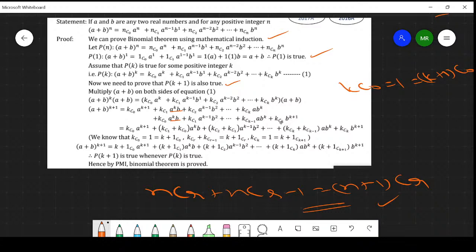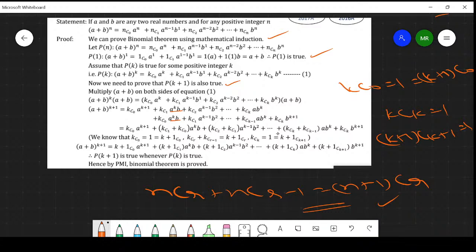The last term, kCk: remember, kCk is equal to 1 and also equal to k plus 1 Ck plus 1. So both are same. This is also 1, equal to 1 only. Because I am going to prove for k plus 1.